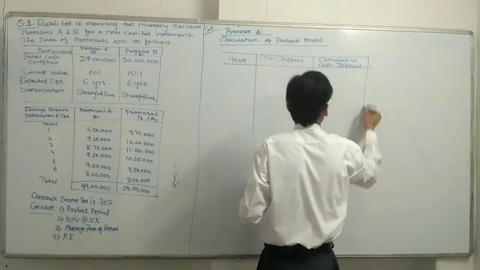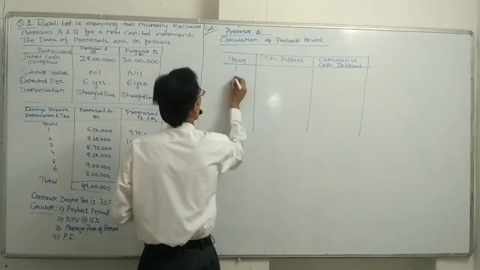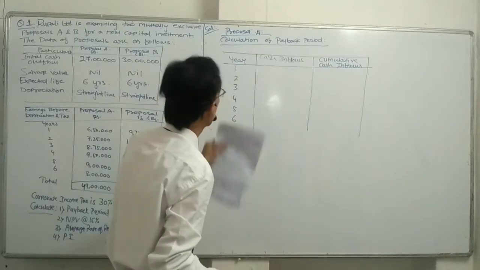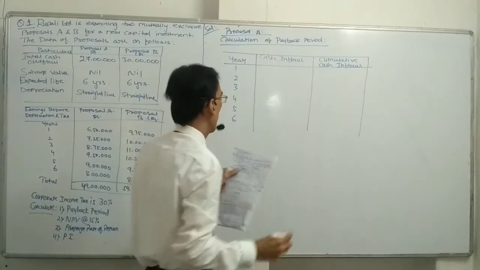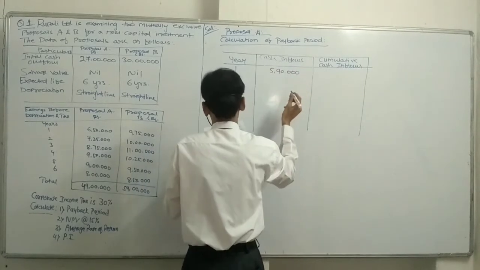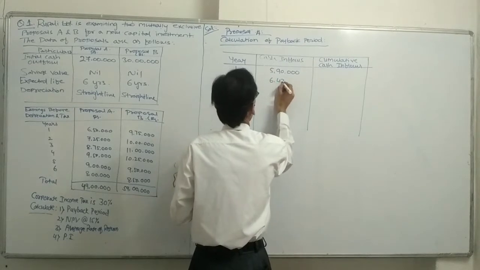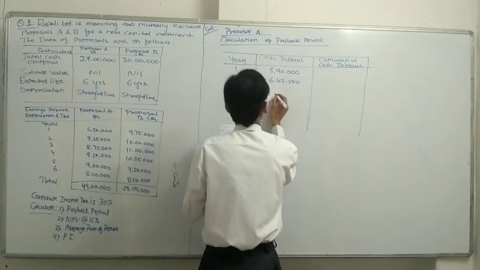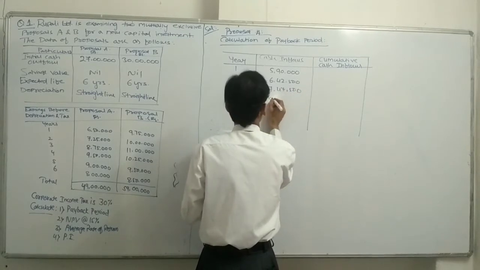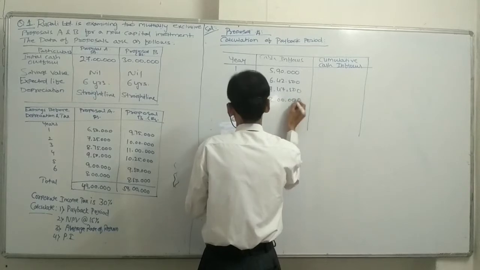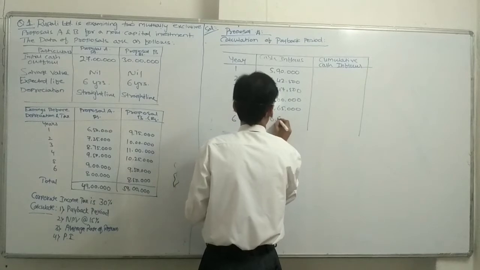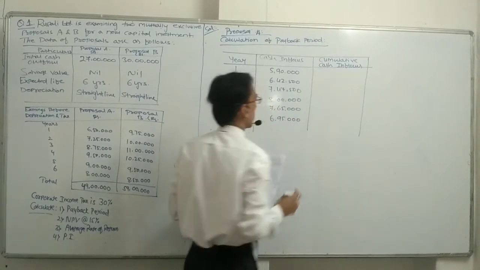Here 6 years are there: 1, 2, 3, 4, 5, 6. Now cash inflows from that first table we will take. For first year it is 5,90,000. Second year 6,42,500. Third year 7,47,500. Fourth year it is 8 lakh. Fifth year 7,65,000, and for sixth year it is 6,95,000.